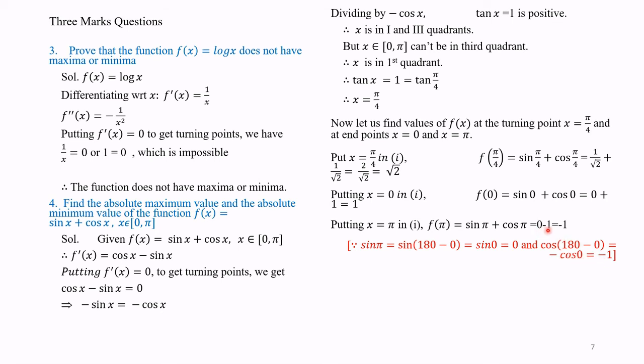So, here we have put it. Therefore, the absolute minimum value is minus 1 and the absolute maximum value is root 2. Root 2 we have found here. That is the answer.